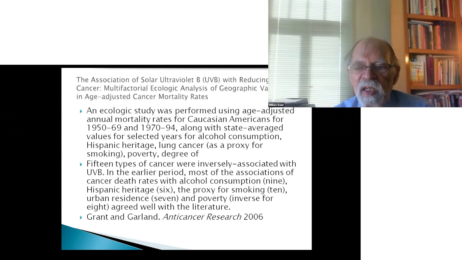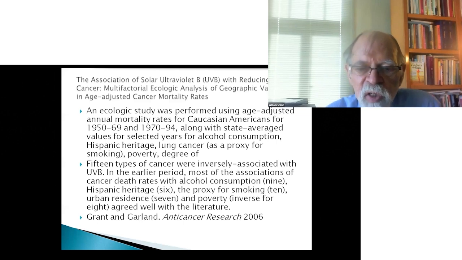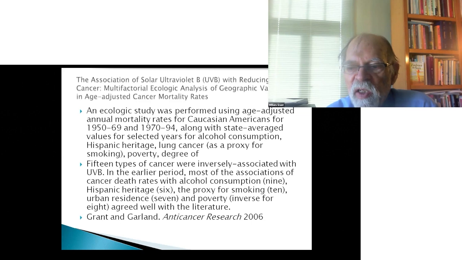But while the first study stimulated much additional research, the critics were not going to accept it without showing that the confounding factors had been accounted for. So it turns out that 15 types of cancer were found inversely associated with UVB.